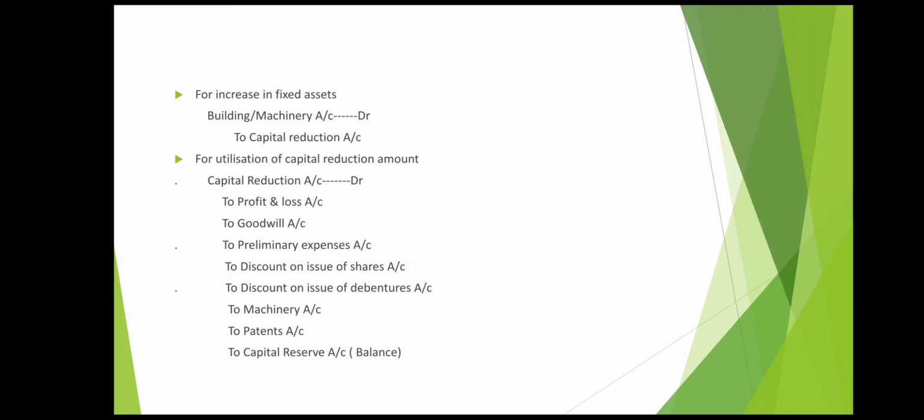Look at this entry now: capital reduction account debit to profit and loss account. Profit and loss account means this is the loss of the company which has to be written off. To goodwill account, to preliminary expenses account, to discount on issue of shares account, to discount on issue of debentures account, to machinery account, to patents account, and to capital reserve account balance.